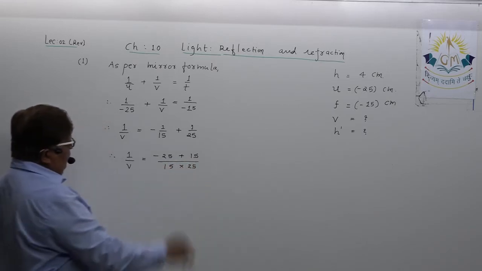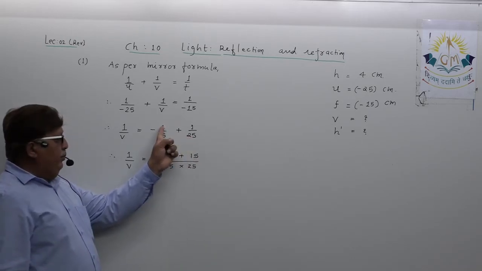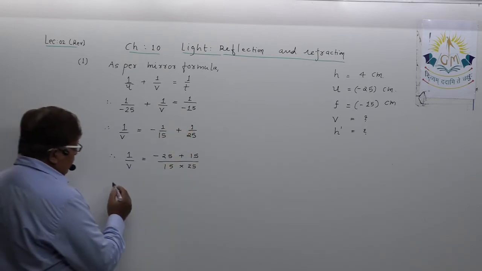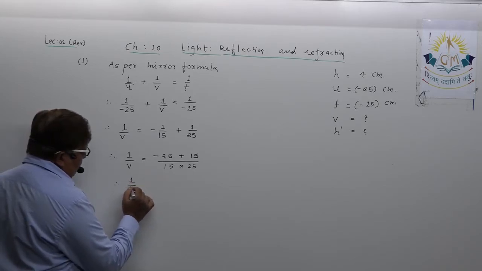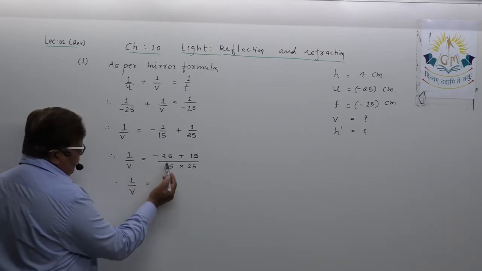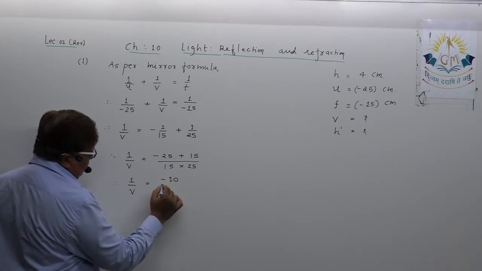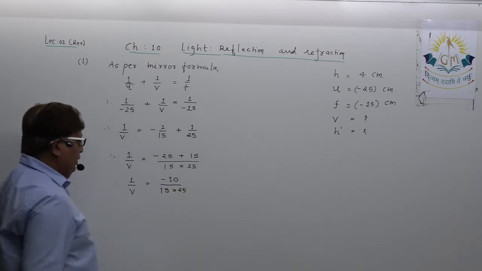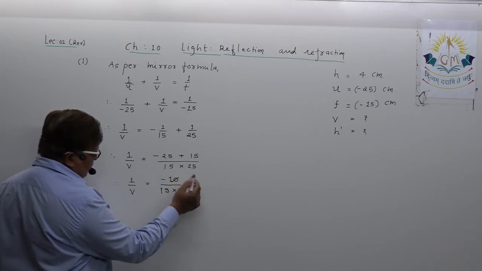The easiest way to take LCM, just this multiplied here, this multiplied here, upon 15 into 25. Okay, 1 upon v equal to, this is minus 10, upon 15 into 25. Just carry out the necessary cancellation.